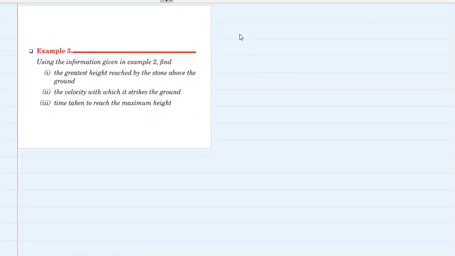So greatest height reached can be found by using v square is equal to u square plus 2as. Now the final velocity at the greatest height will be 0, is equal to u square, which is 14.7 the whole square, minus 2 into 9.8, because it's upward throw, multiplied by s.